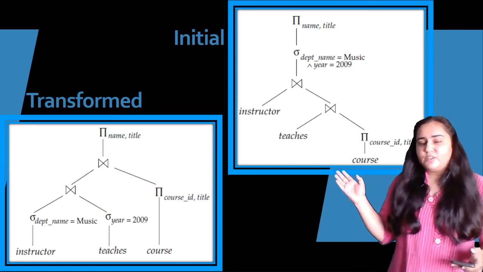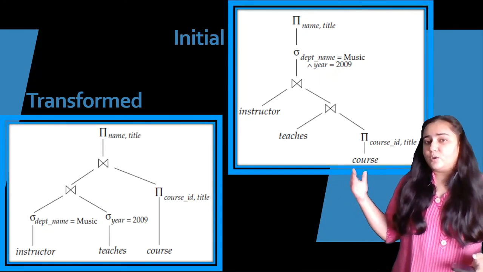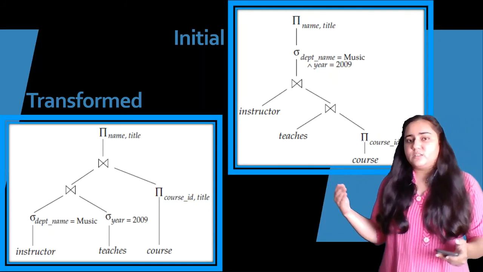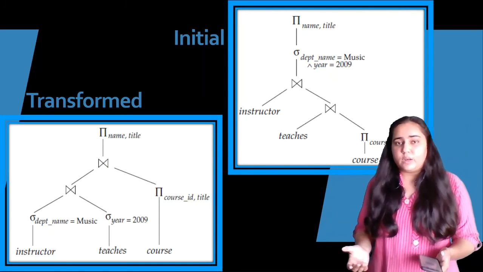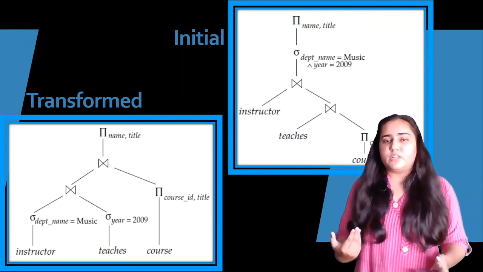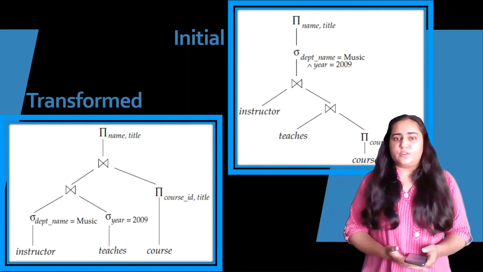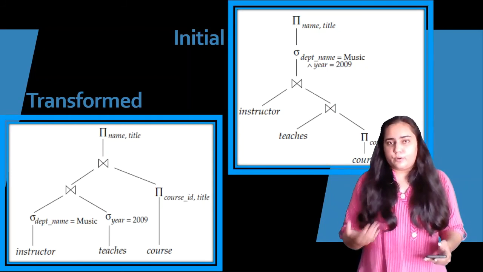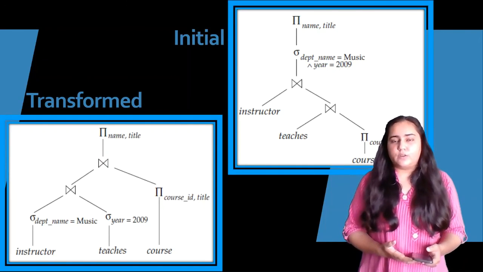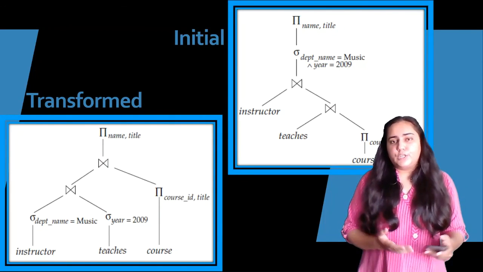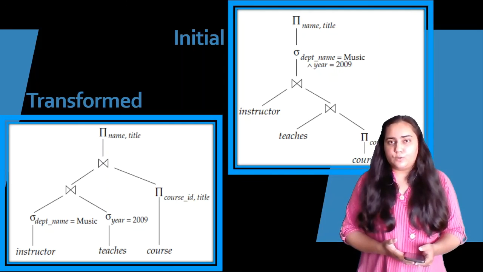And so this query is going to take a longer time, although it's producing the same result and it is the same query. But making these transformations through these 12 rules changes a lot in terms of execution and processing of a query. So this is how you can optimize your queries using the query equivalence rules.